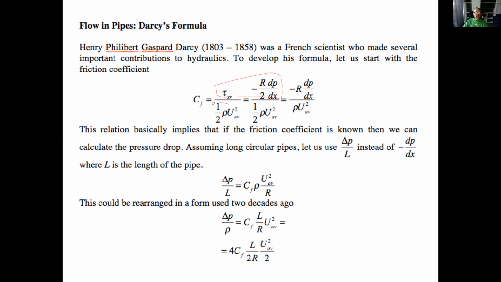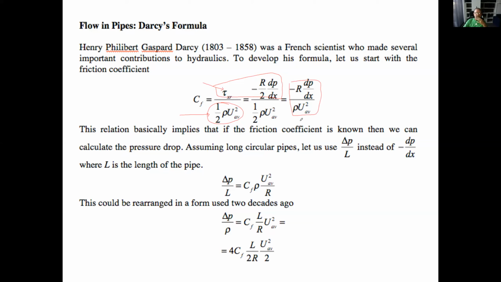Remember, the friction coefficient was defined with the dynamic pressure. Tau is force per unit area, so it's very similar to pressure. So that's a non-dimensional number. You just look around it and you end up with this same thing. We just took the half away and things like that.